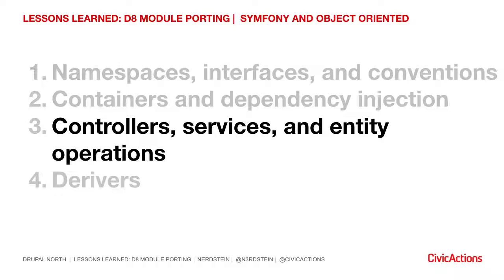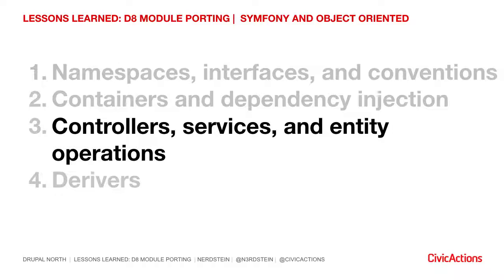So there are 3 concepts that I make a lot of use of when I'm porting things: controllers, services, and putting operations inside of an entity. These are all ways that you can organize code inside of your module. A controller is meant for more rendering-driven purposes.